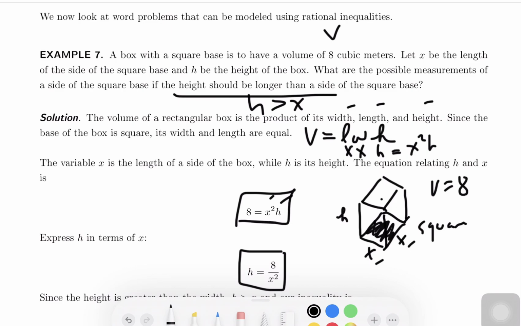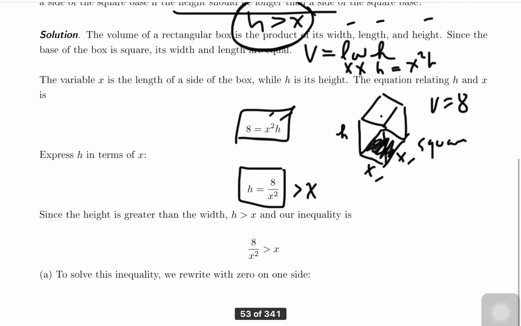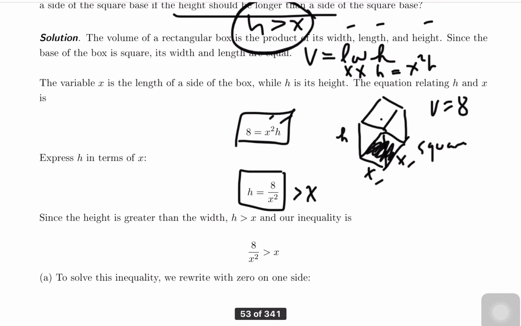Now, take note of this relationship. h is greater than x, meaning h is bigger than x. Since this is our h, and h is greater than x, this is now our equation: 8 over x squared is greater than x.